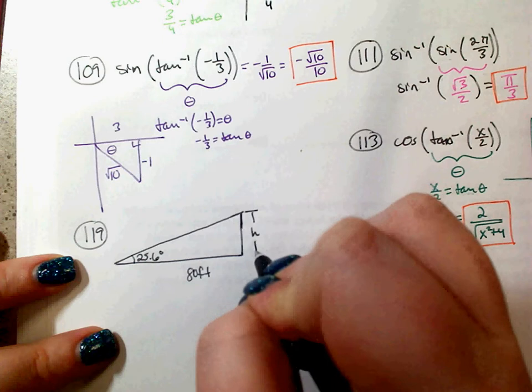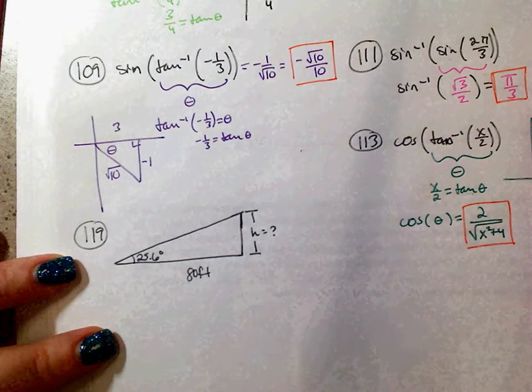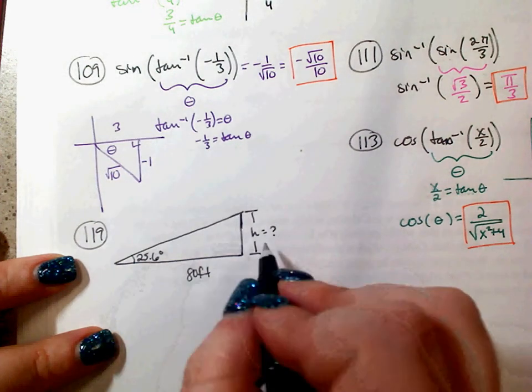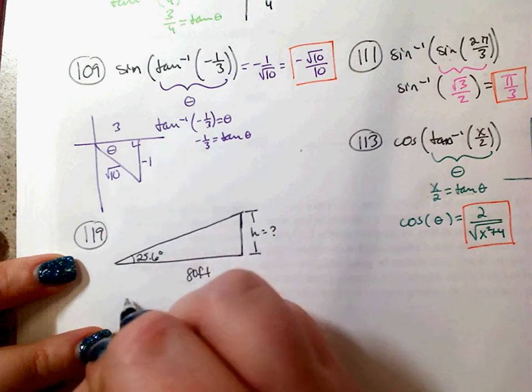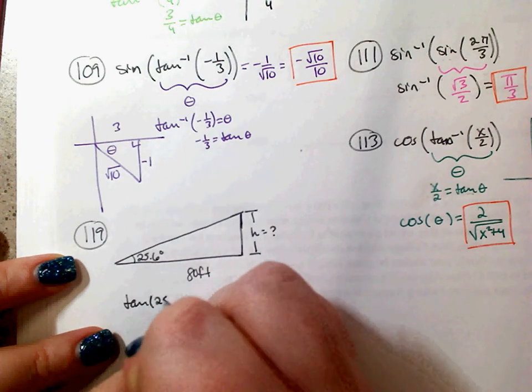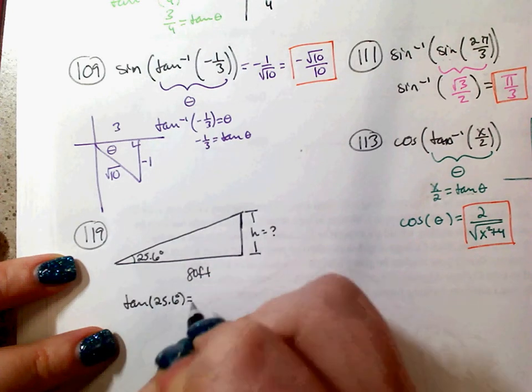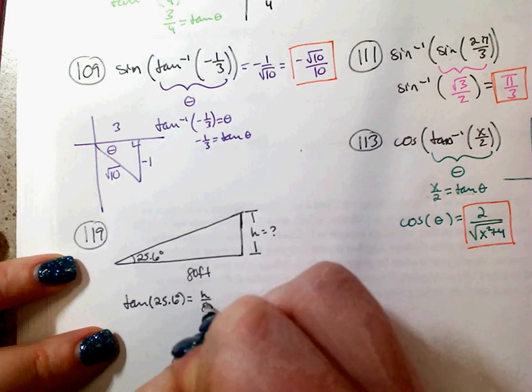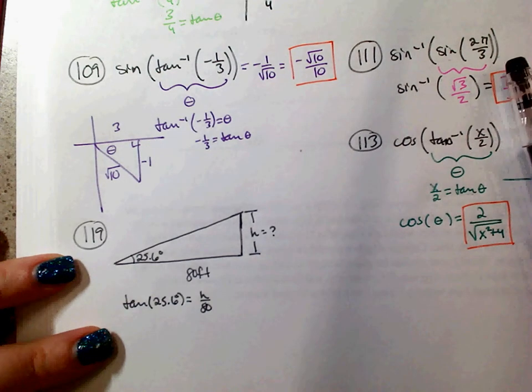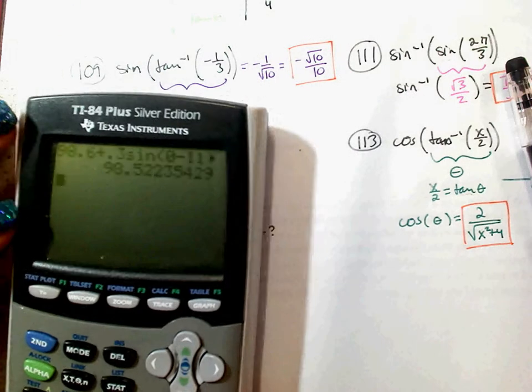Height and 80 are opposite and adjacent, so I've got tangent of 25.6 degrees equals h over 80. If I want to find h, I just multiply by 80. Make sure you're in degree mode.